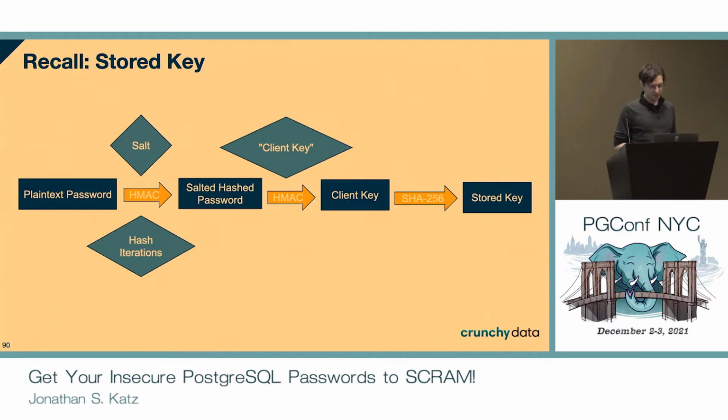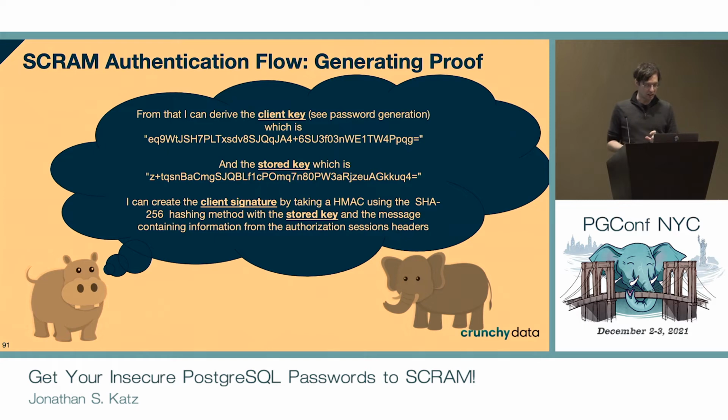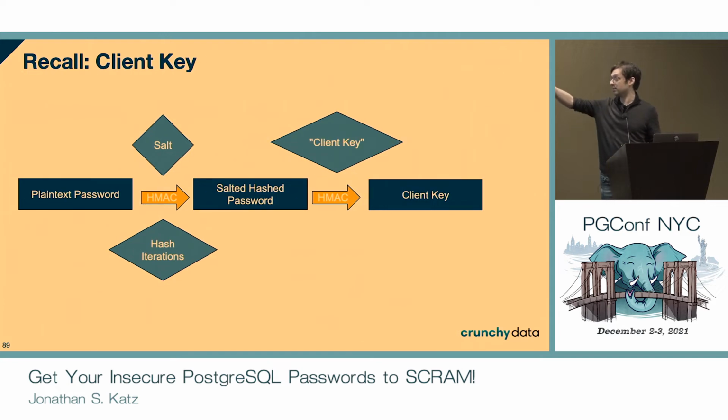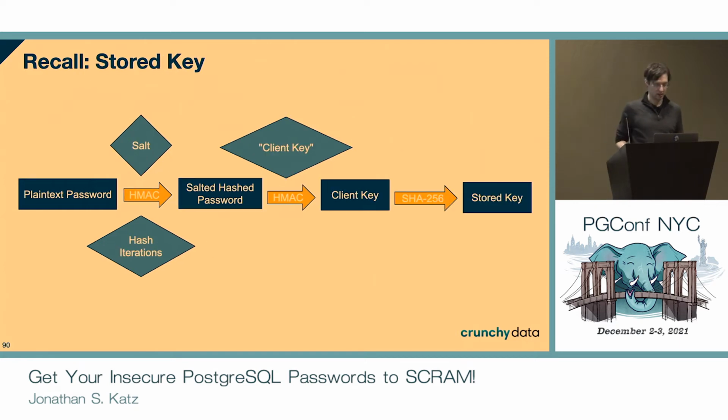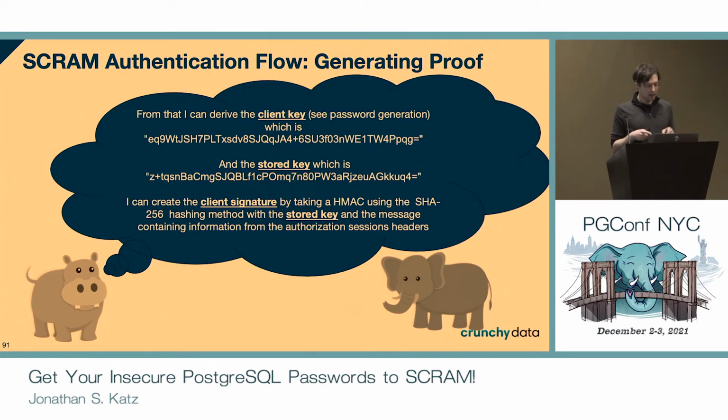We're going to be sneaky. We're going to do something very tricky here. First thing is we know we can derive the client key, because as long as I have that salted hash password, I can get the client key, I can get the server key, I can get the stored key. So we get the client key, and from the client key, it's one step more to the stored key.